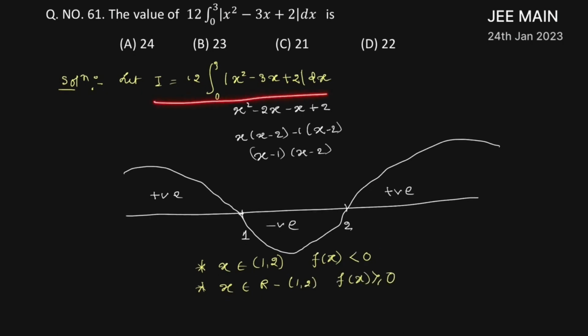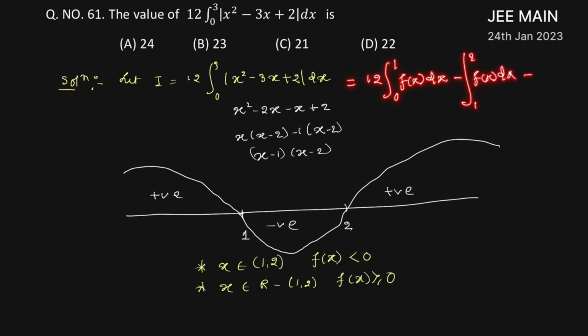Therefore this I we are able to write as 12 times 0 to 1 f of x dx minus 1 to 2 f of x dx plus 2 to 3 f of x dx.